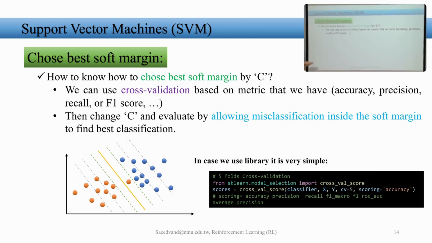So you see, we need to use the cross-validation technique that we studied in detail. We need to use all the metrics that we studied in detail, and also we need a little bit more. We will discuss it later. We need feature selection too. So then we can change C and evaluate, allowing the misclassification to change, to choose the best soft margin that we can have.